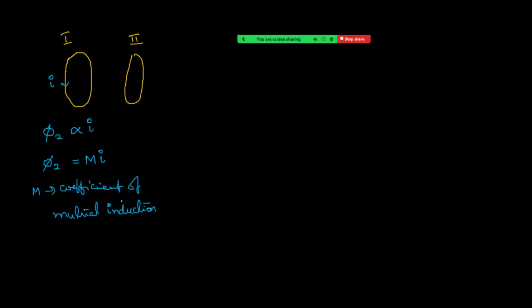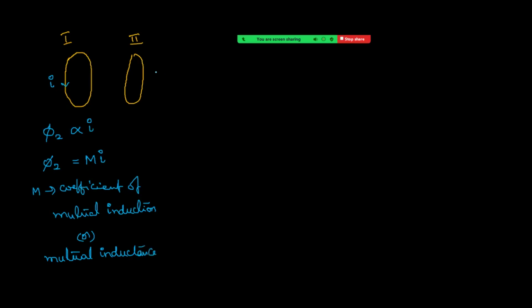So flux linked with the second coil is equal to M into I, where M is a constant known as the coefficient of mutual induction, or simply mutual inductance.